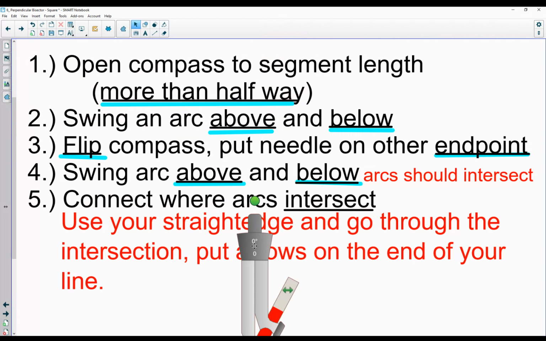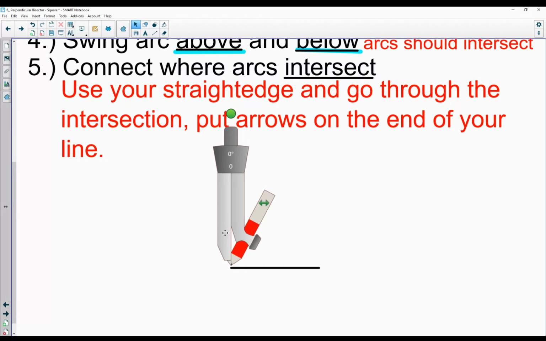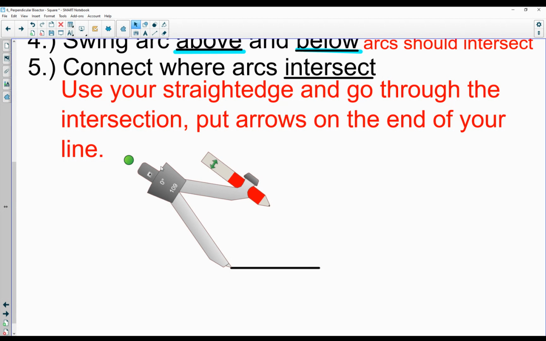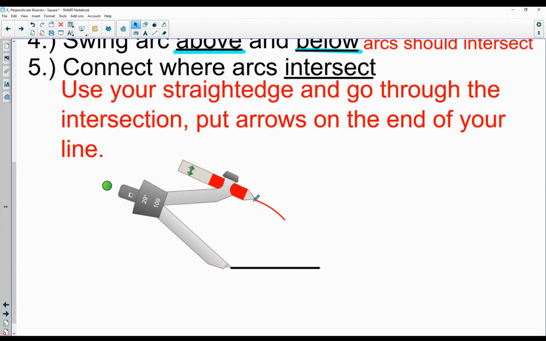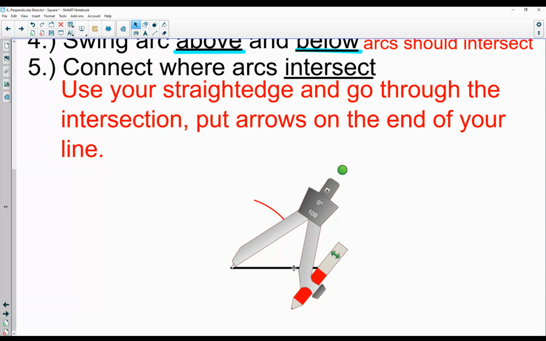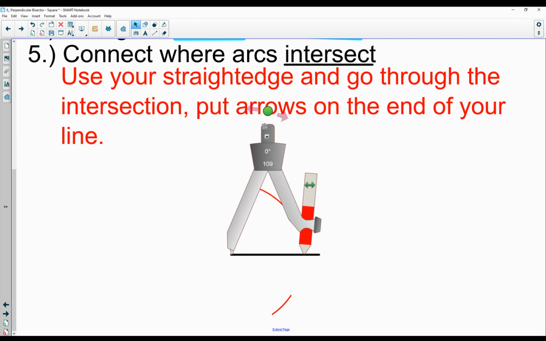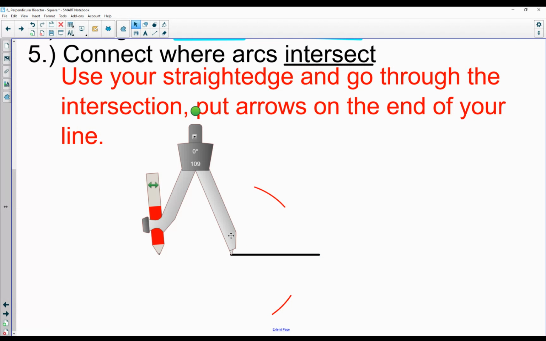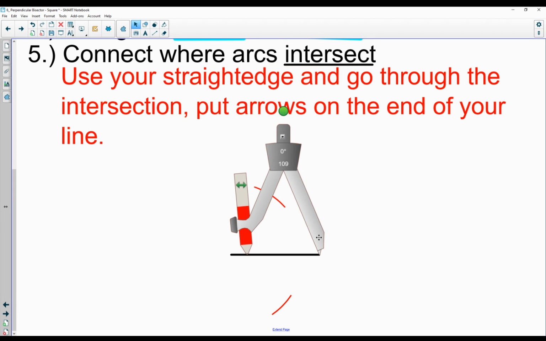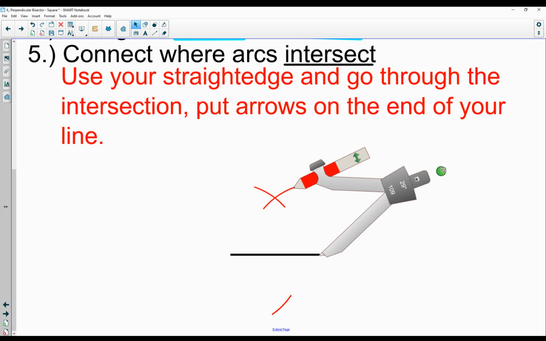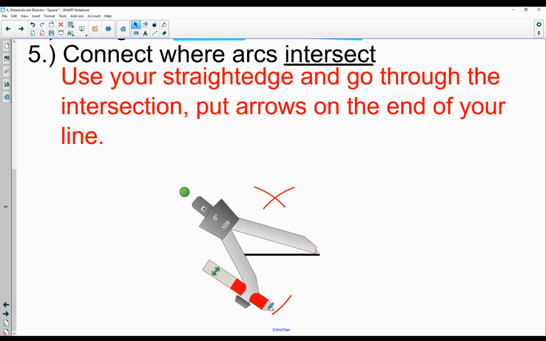All right, and I come down here, take my compass, going to put on one endpoint. I'm going to open up just more than halfway, put an arc above. I always make my first arc pretty large, and below. Keep it the same, flip it, above, and below.